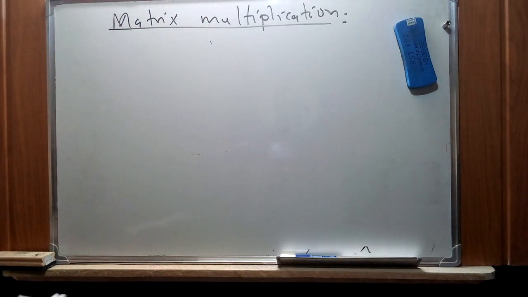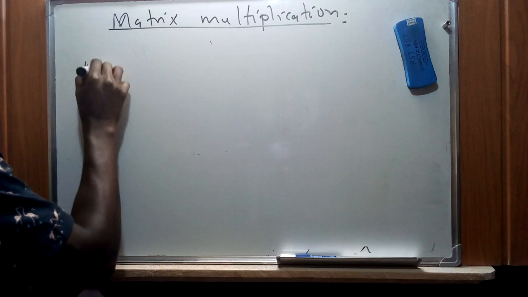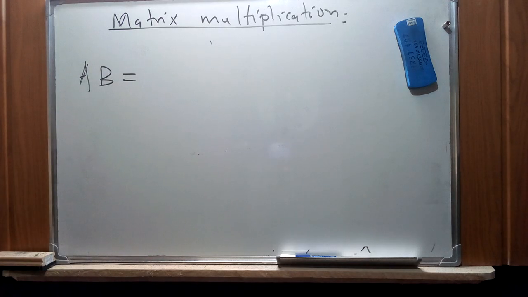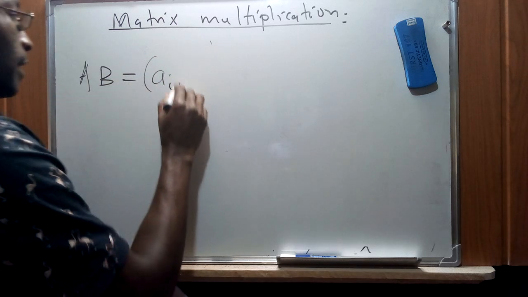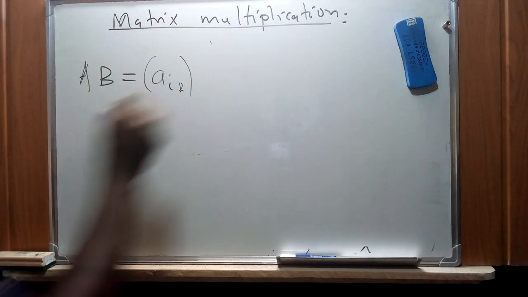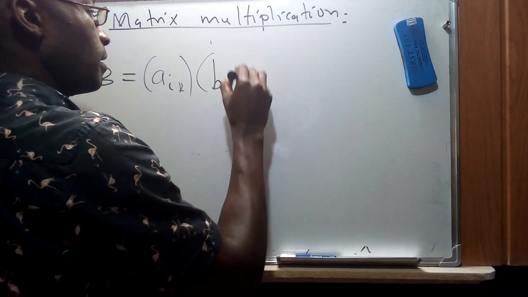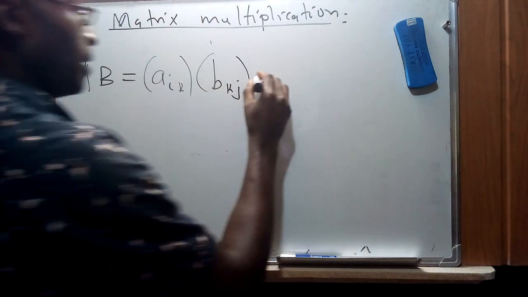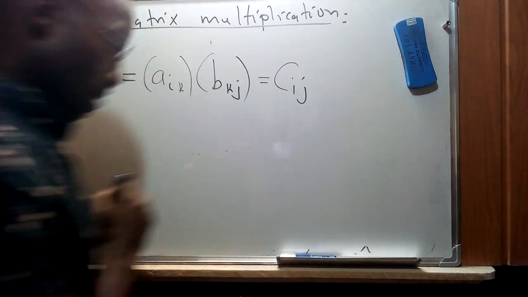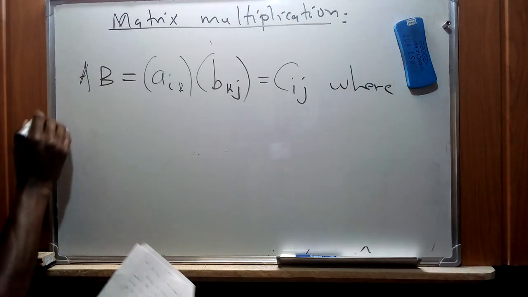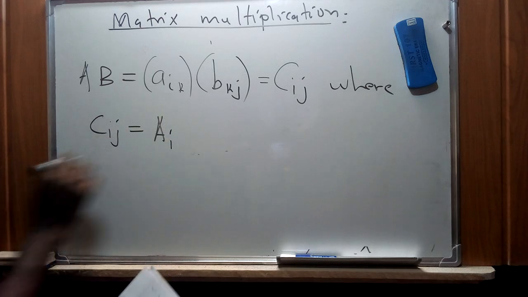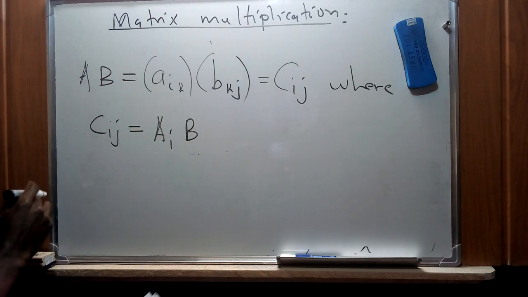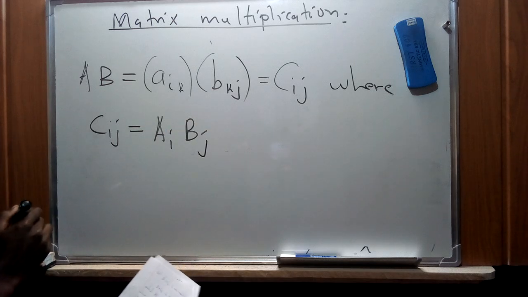The product of matrices A, Aik, and B, Bkj, gives us the product Cij, where Cij is the ith row of A and the jth column of B, as we have said.